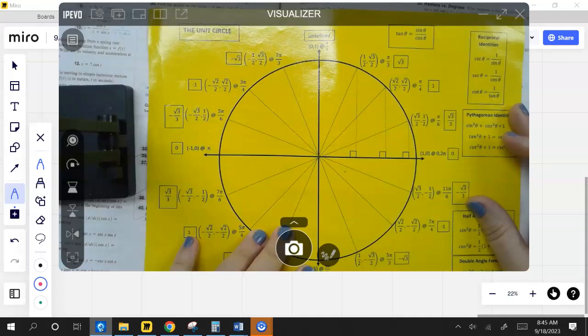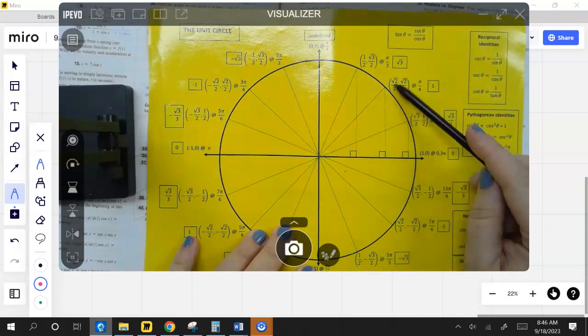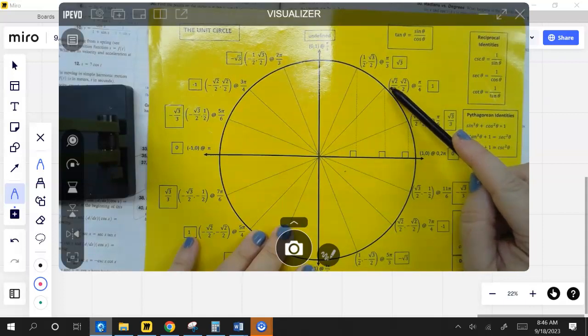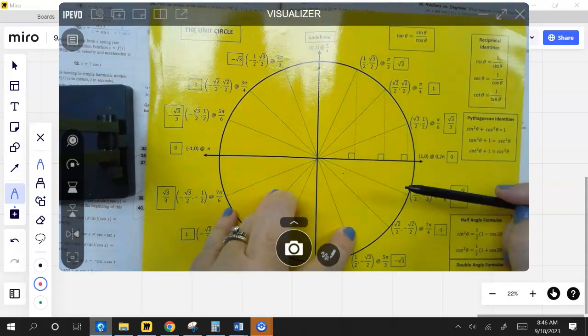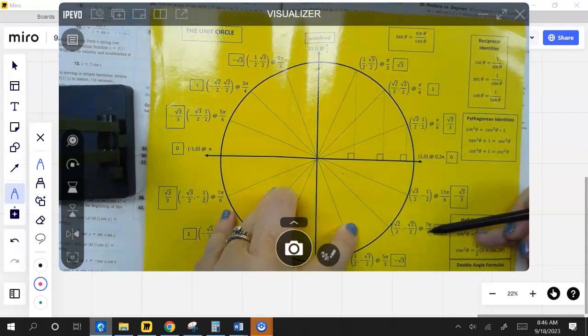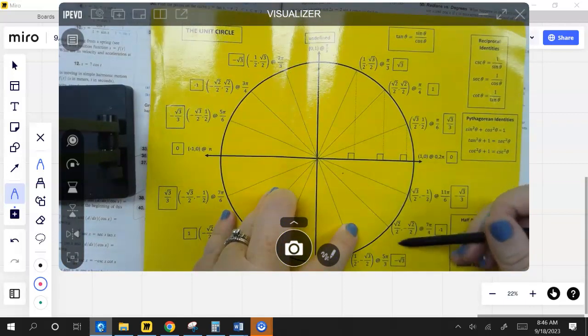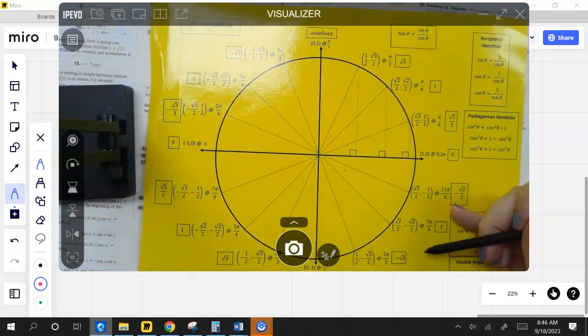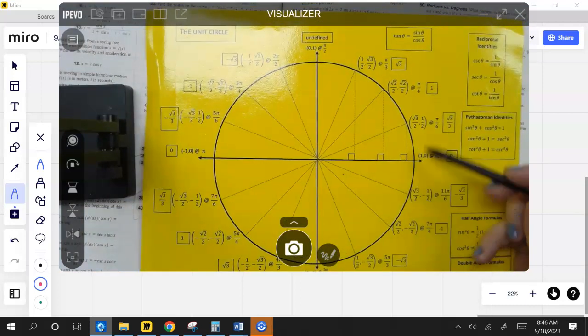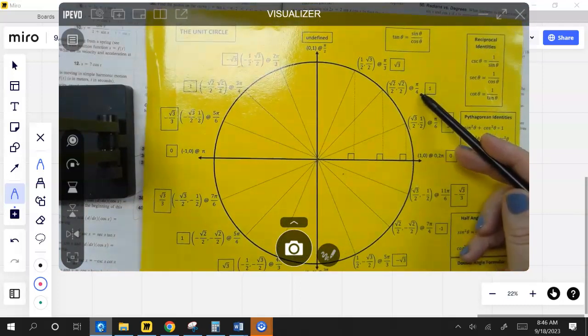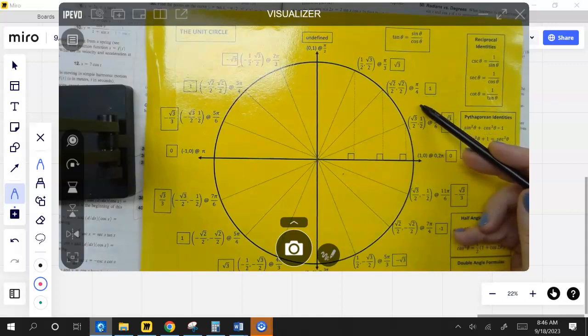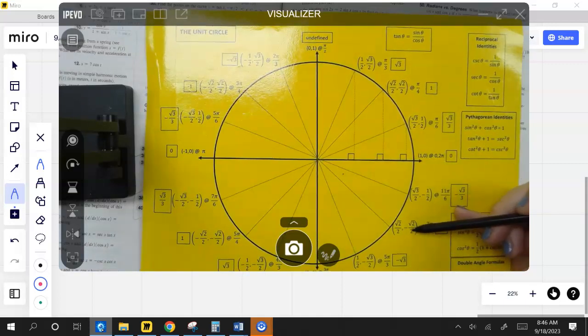And here, yes. But because I'm in this, it's also here. Because see, this is root 2 over 2 also. Pi over 4, or negative pi over 4.